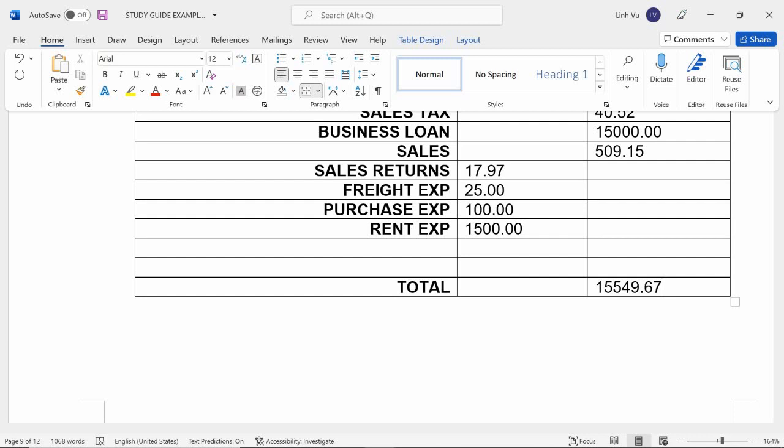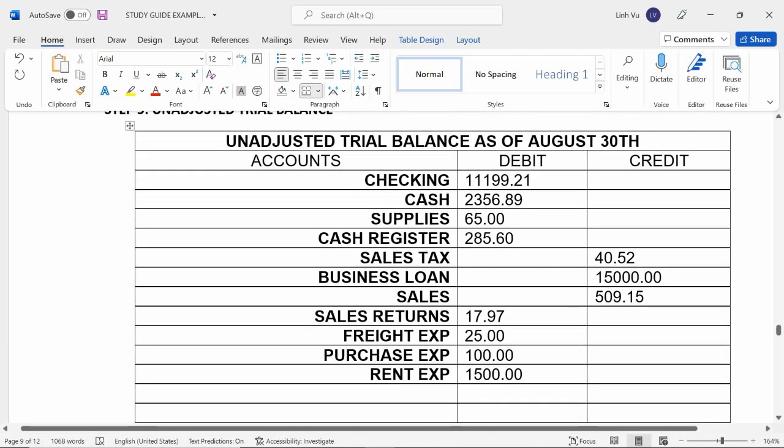If you want to double confirm on your debit side: 11,199.21 plus 2,356.89 plus 65 plus 285.60 plus 17.97 plus 125 plus 1,500.